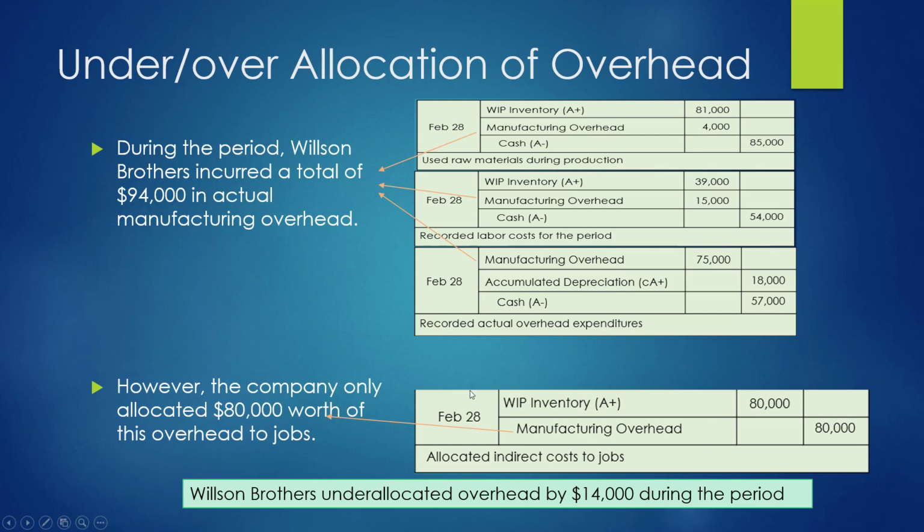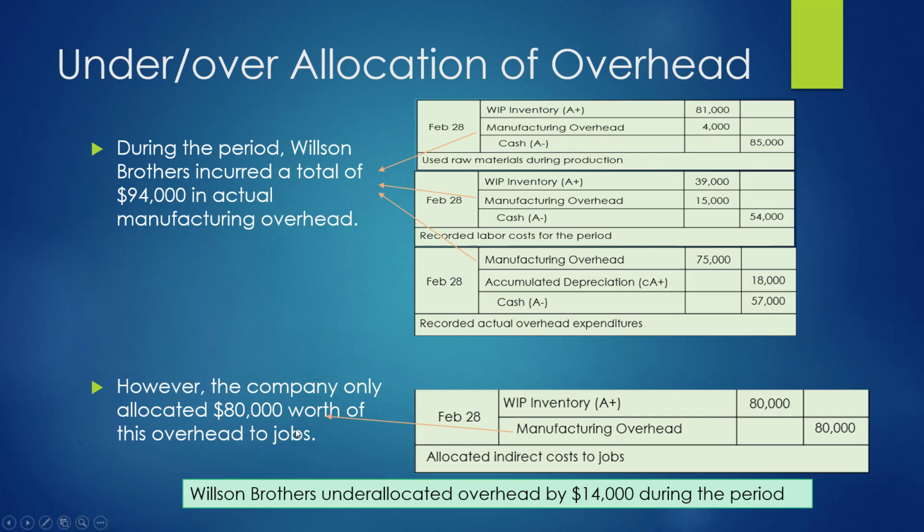Well, earlier we made an estimate based upon our normal costing system, our best guess of what overhead will be based upon what it normally costs us, and we decided to put $80,000 into jobs. Well, $80,000 isn't $94,000.